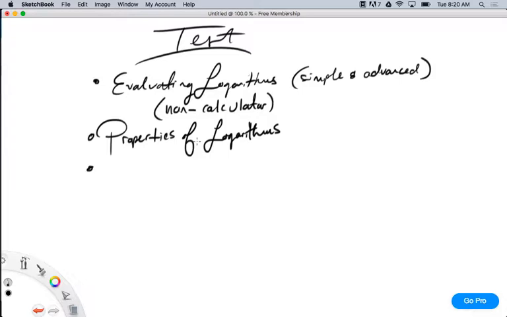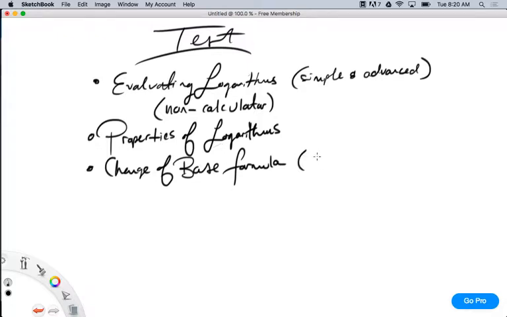The third part of the test is the change of base formula. And that's log of base A of B equals log of B over log of A. And there are two aspects of this.